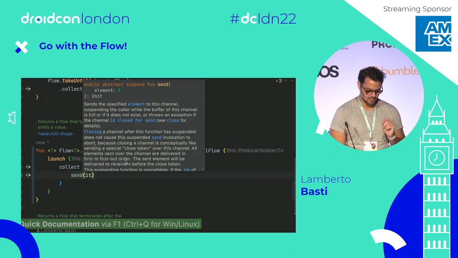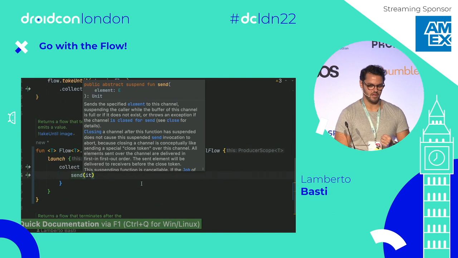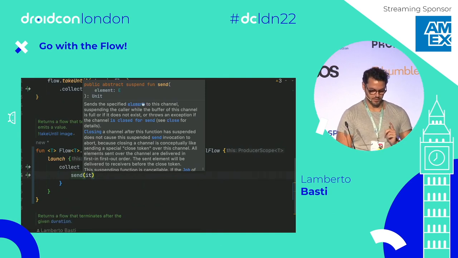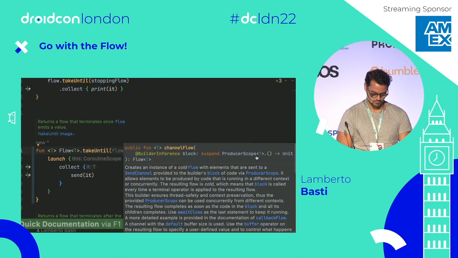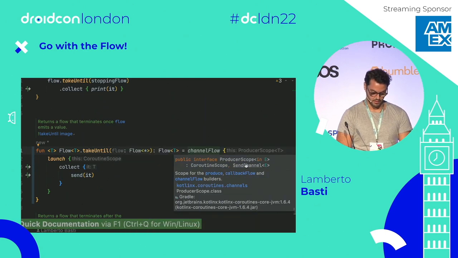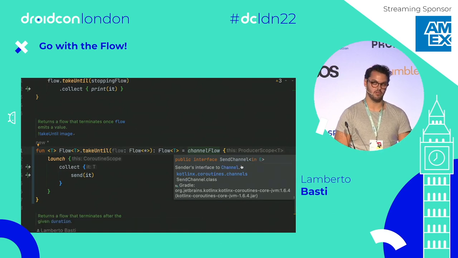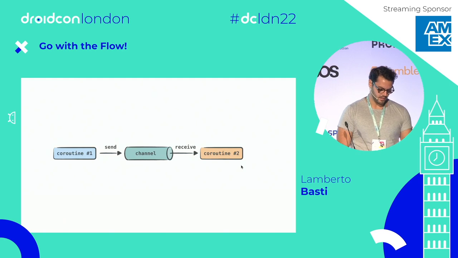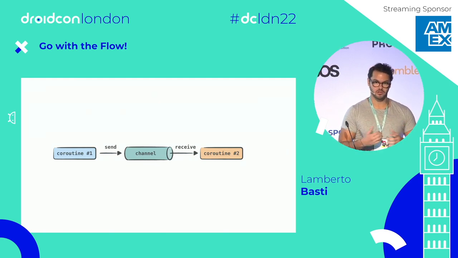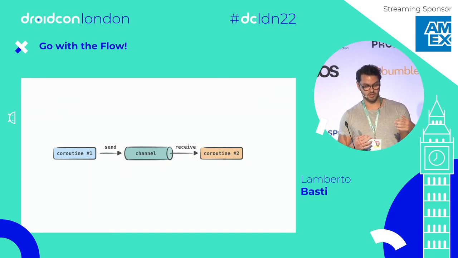This send is, for sure, meant to be thread safe. But this send comes from a channel, all right? Because the channel flow exposes a producer scope of a send channel. What's a channel? A channel is like a pipe, some kind of synchronization primitive in the coroutine world, where you can put stuff with the send function and you can receive stuff from the channel.